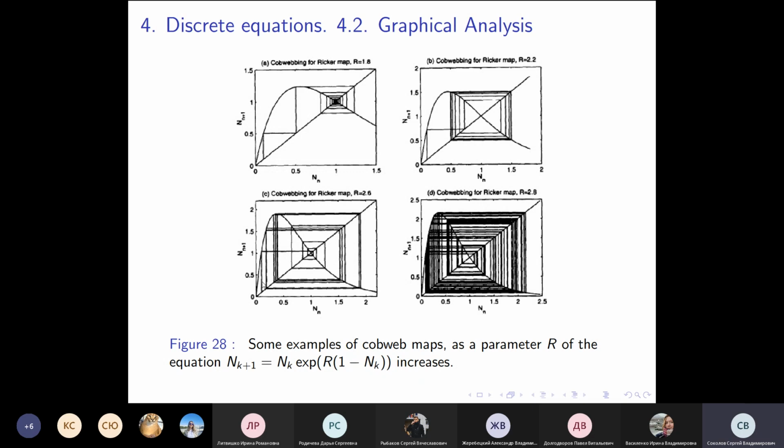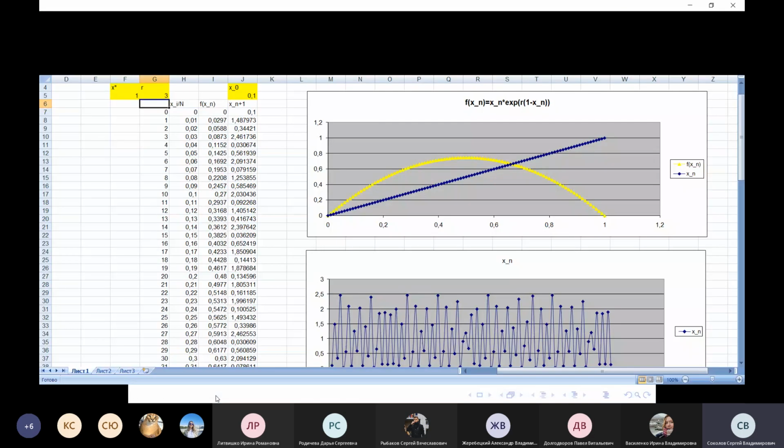We see that there is no exact dynamics. It's really hard to understand what's going on. We'll further see how to analyze these models. And when we increase r furthermore, we see some chaotic dynamics. The dynamics becomes very strange. Let us see this solution.